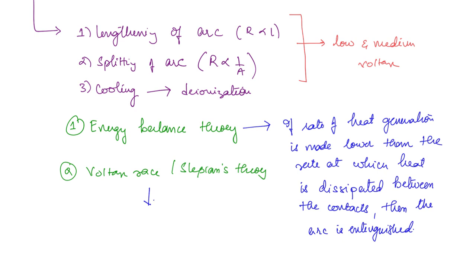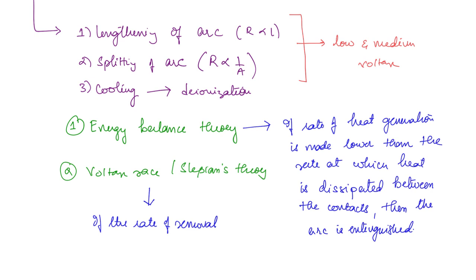Now what does the voltage race theory state? According to this, there are ionized particles because of which the arc is occurring in the first place, right? Now if these ionized particles are removed at a rate which is faster than the rate at which ionized particles are produced, then the arc can be extinguished.